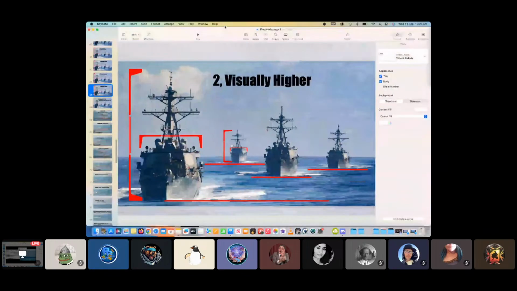This one? Yeah. But if you had lines at the top of the ships, you would see that they're going down. Even though the bottom of the ship is coming up, the tops of the ships are going down as they go away from you. Yeah, you can see higher, lower, lower. The question is, at which rate is it doing so? And is the top doing so faster or slower than the bottom?